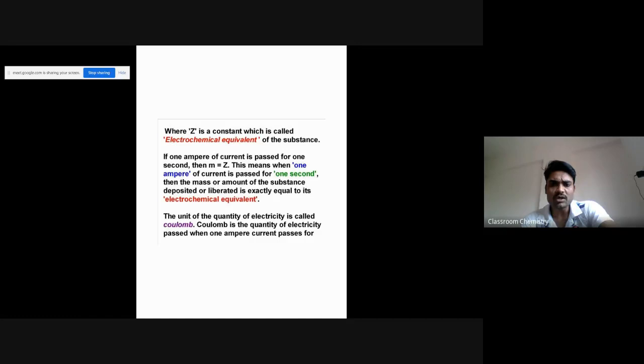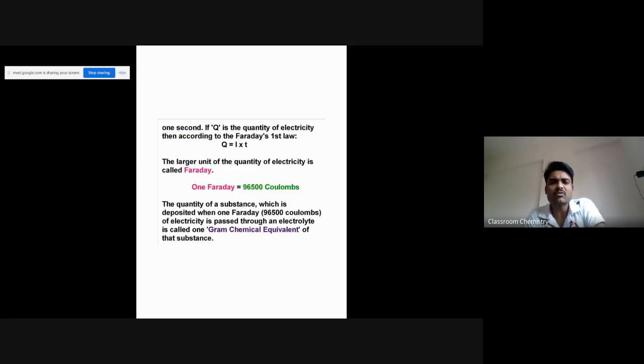The unit of the quantity of electricity is called the coulomb. I think in the previous lecture we also saw how many coulombs equal 1 Faraday, and how we convert coulombs into Faradays. A coulomb is the quantity of electricity passed when 1 ampere of current passes in 1 second.